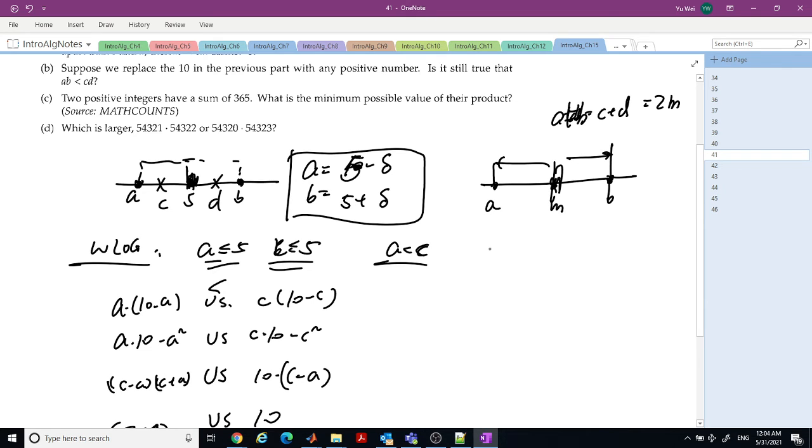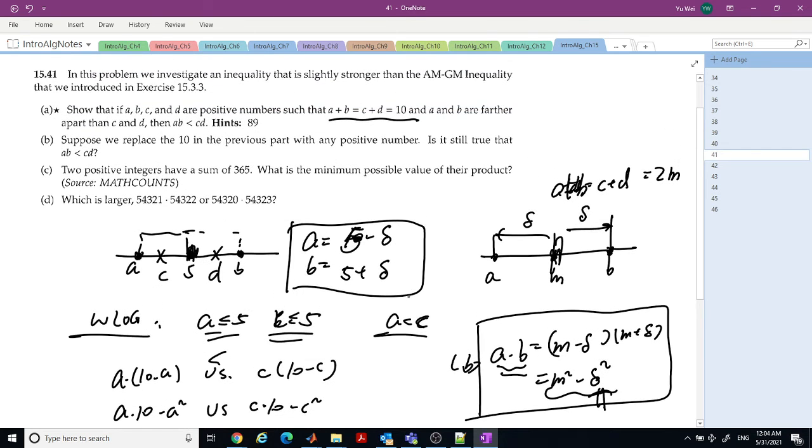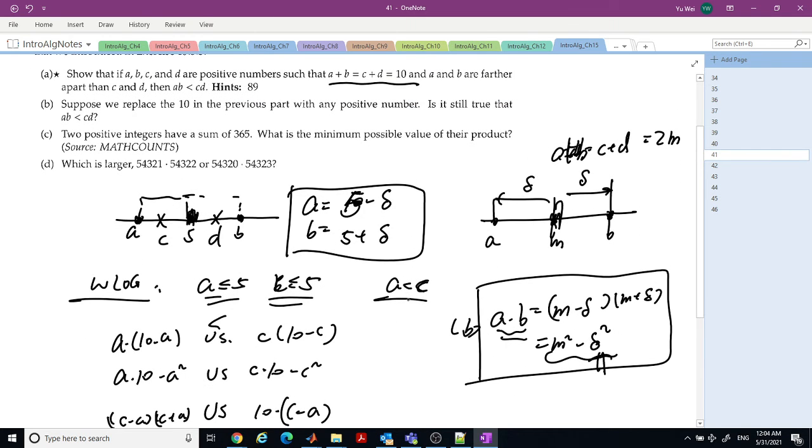In general, A times B is m minus delta times m plus delta, which equals m squared minus delta squared. As delta is larger and larger, the multiplication becomes smaller and smaller. So there's nothing special with the 10.